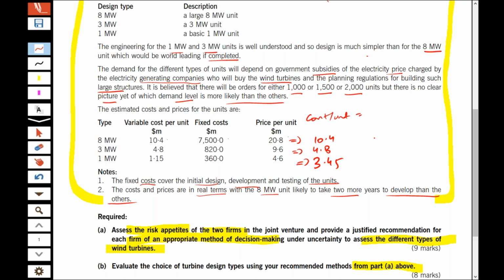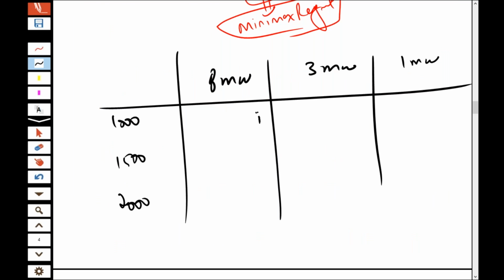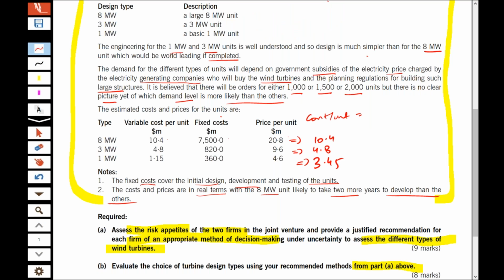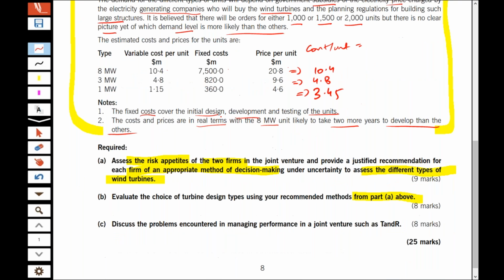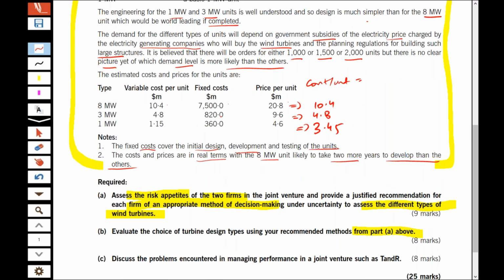So if the 8 megawatt is sold, the demand is going to be 1,000, 1,500 or 2,000.